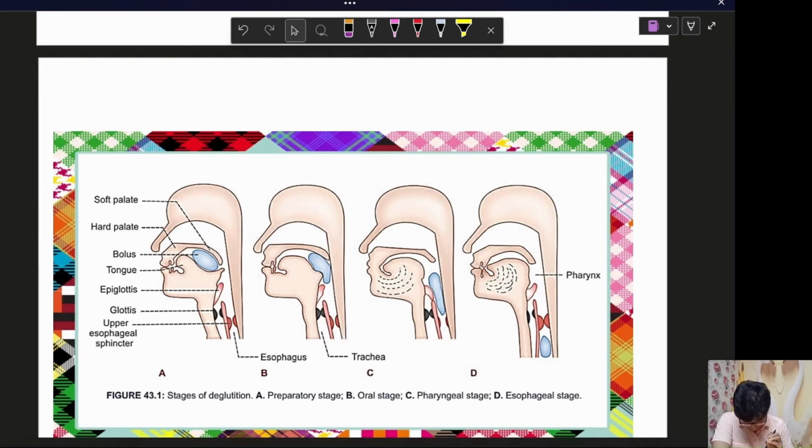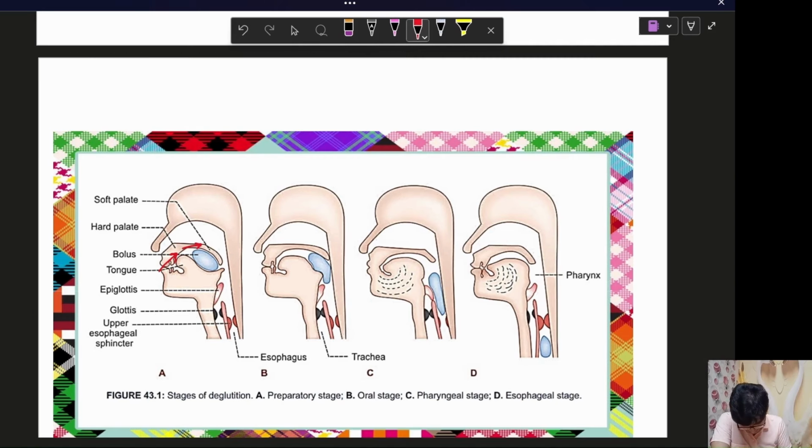When a food is being taken within the oral cavity, the food is being prepared with the enzymatic reactions inside the oral cavity for deglutition, and then the neuromuscular actions of the tongue muscles as well as the soft palate occur to facilitate the process of deglutition.